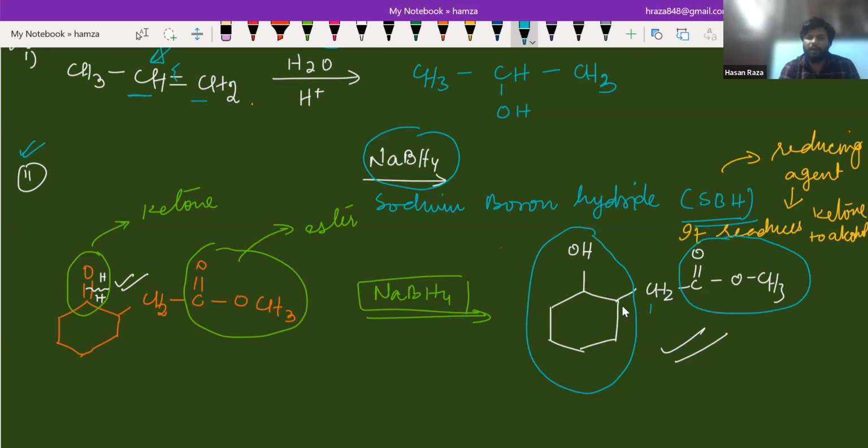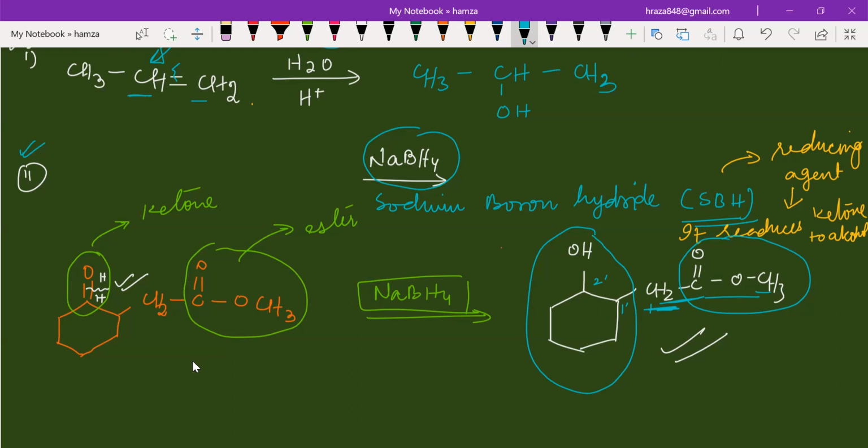So it will be like 2-(2-hydroxycyclohexyl), and then methyl ethanoate. Yes, it will be like this. I'll just give the name of the functional group, then you will get it. First, write it. Yes, sir. Okay.